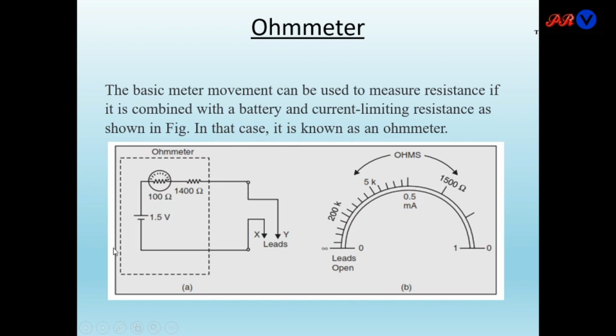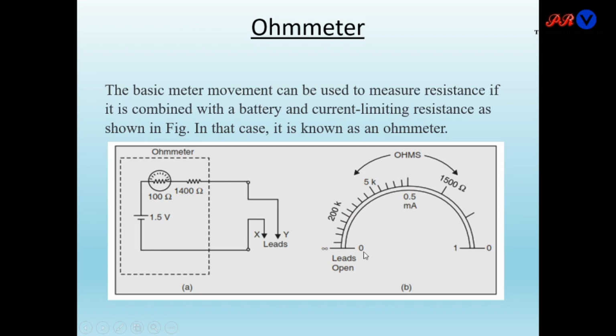So this is our ohm meter. This represents our galvanometer or PMMC. Here, if this galvanometer or PMMC is connected with the battery and some series resistance, then it will work as ohm meter, and the circuit whose resistance is to be measured is connected across these two terminals X and Y. This is the scale readings of ohm meter.